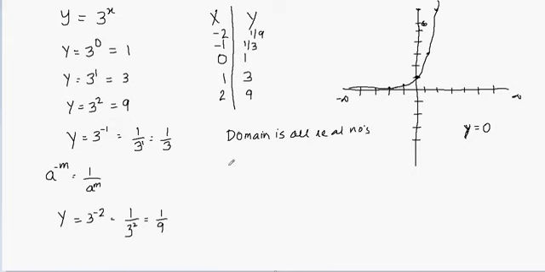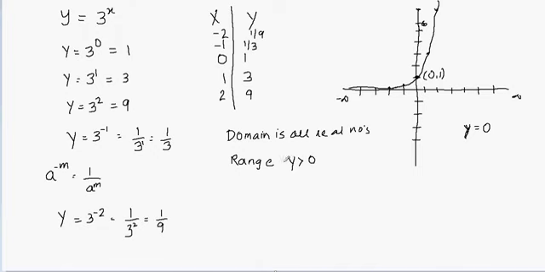And when we talk about range, it's always the y values. And you can see that this is the y-intercept, and this point is (0, 1). So you see that the range includes all the positive values, but does it include the negative values? No, it doesn't. That means y is always greater than 0. Because it's not touching 0, the range will be y is greater than 0.